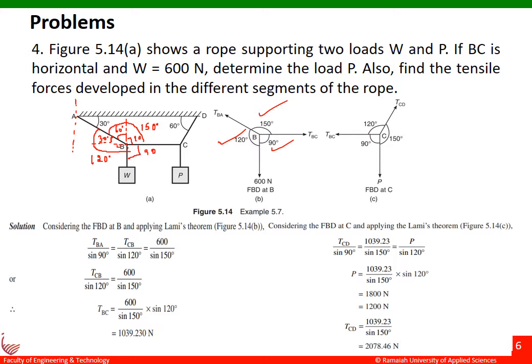Next we can go for the free body diagram at point C. Let us find out the angle made by the forces at point C. This is 90 degrees.